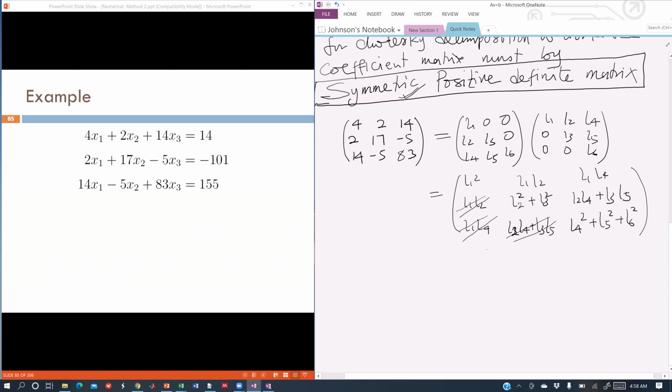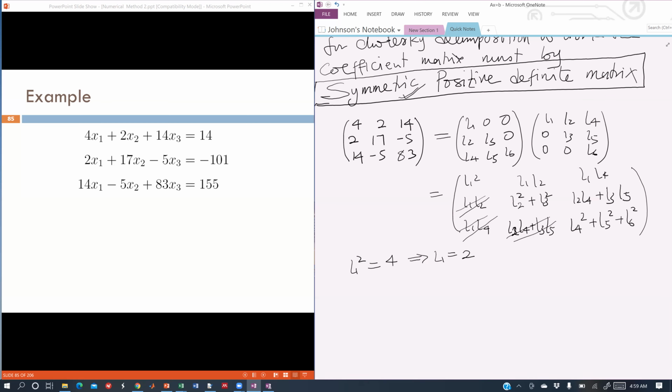So we start with the first entry on row 1 and say that L1 squared is equal to 4. And this implies that L1 is equal to positive 2. I'm picking the positive 2 and not the negative 2 because once again, we need the result to be a positive definite matrix. We will not be able to use the negative answer of the square root.